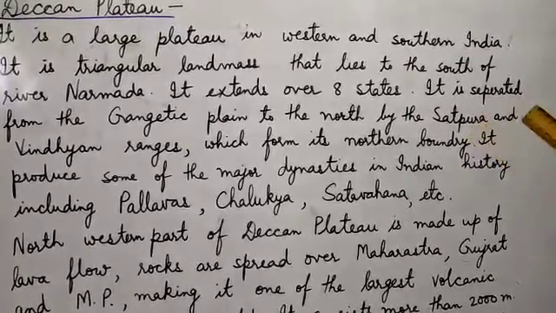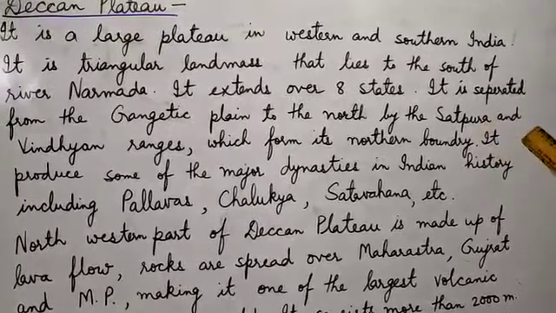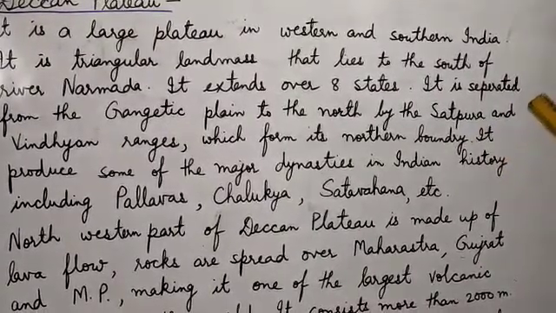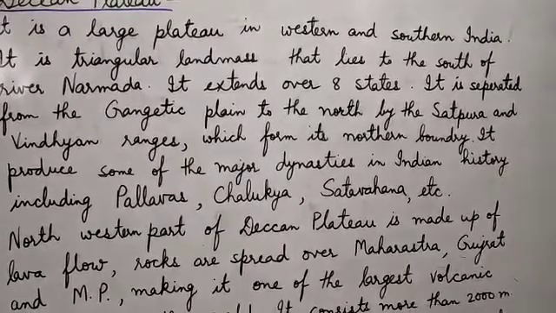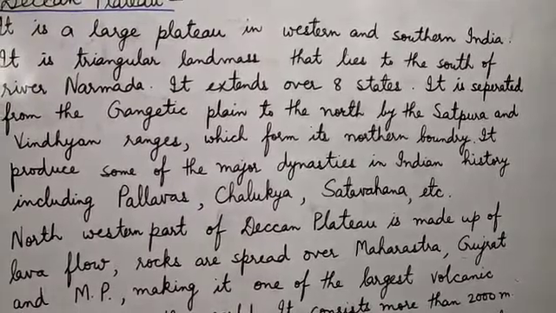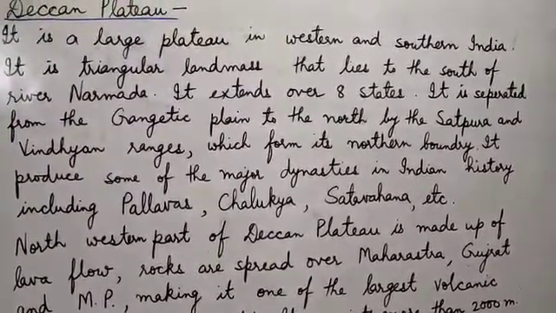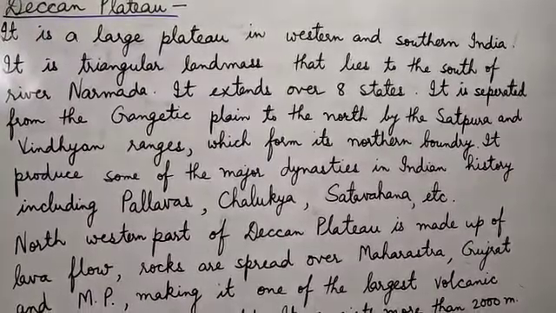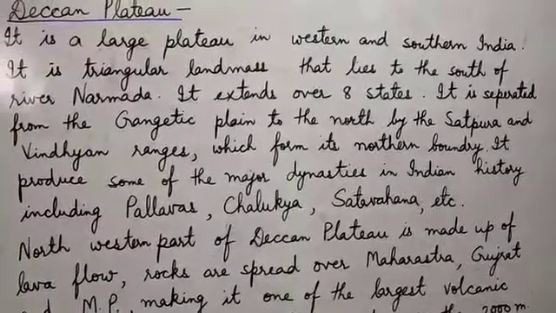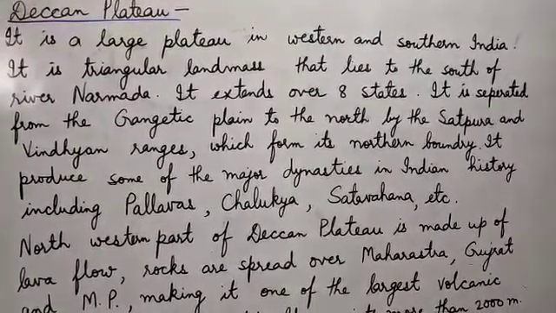So it is a large plateau in western and southern India. It is a triangular landmass that lies to the south of river Narmada, and it rises to 100 meter in the north and to more than 1000 meter in the south, forming a raised triangle within the south pointing triangle of the Indian coastline.